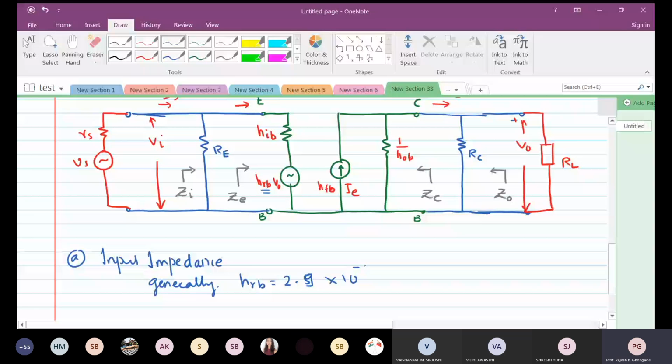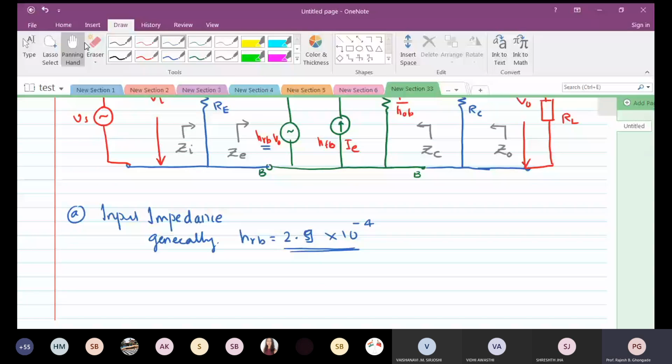So what about this? This value is very, very small, isn't it? So HRB into VO is going to be a very small quantity.